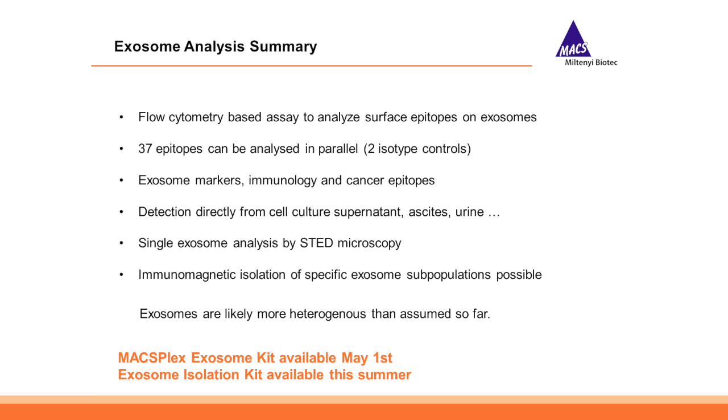And during our analysis and the development, we realized that exosomes are by far more heterogeneous than assumed so far, and we expect that using such a method to analyze the different exosomes will reveal much more different subpopulations than known today.